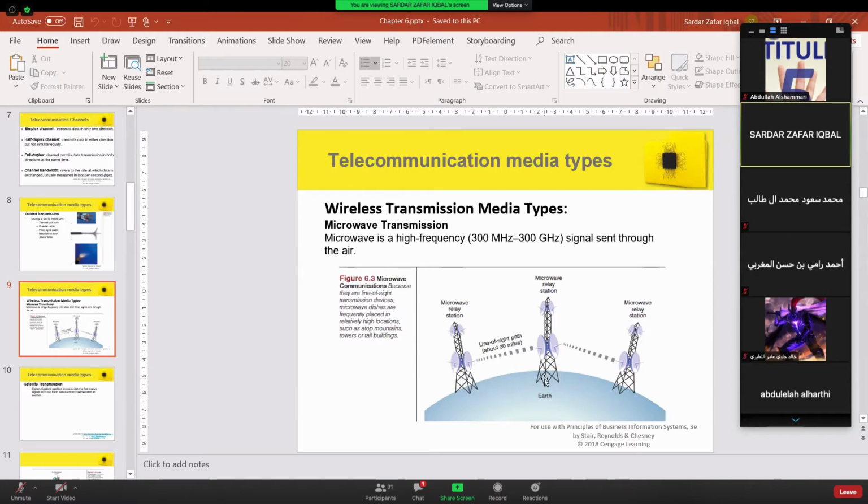They are saying they should be in front of each other, about 30 miles, so there should be no one between them. Line of sight, just like Bluetooth. You know Bluetooth? How do you connect the device or transmit the data with Bluetooth? It should be close. Line of sight: if there is something between them, there is a chance data will not be transmitted.